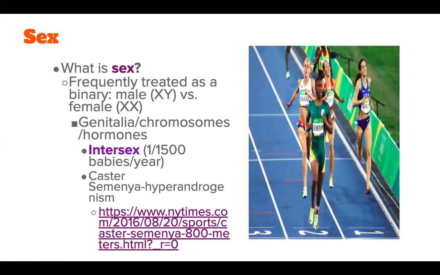One good example of someone who has sparked this discussion is South African track athlete Caster Semenya. She is biologically female and she identifies as a woman, but in terms of her hormonal makeup, she has a condition which is called hyperandrogenism.